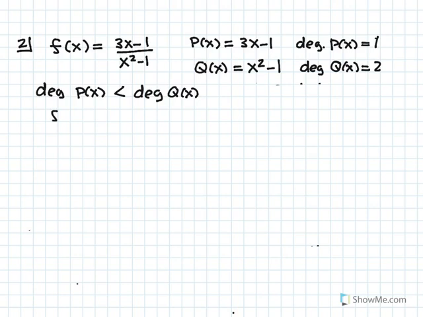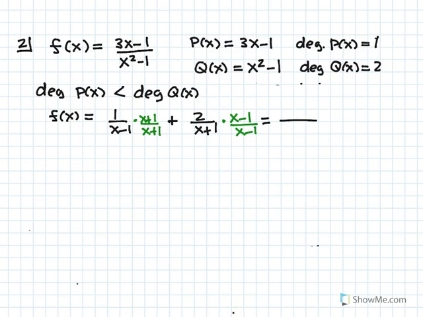Let's start with f of x is equal to 1 over x minus 1 plus 2 over x plus 1. Let's add these two fractions. So I'm going to multiply top and bottom of the first fraction by x plus 1 over x plus 1 to create a common denominator. And the second fraction, we multiply top and bottom by x minus 1 divided by x minus 1. We now have a common denominator, so we can add the numerators.